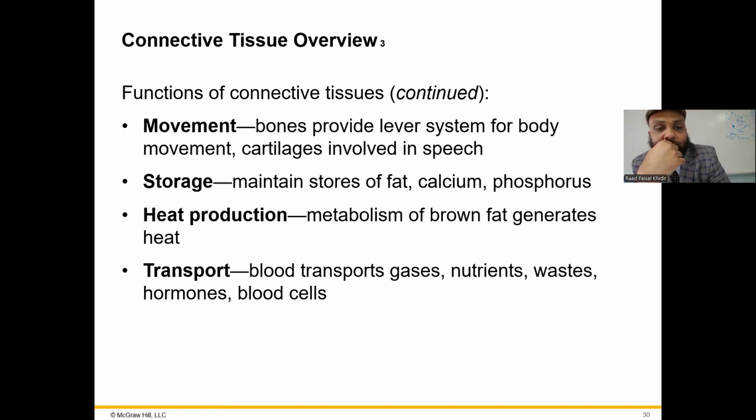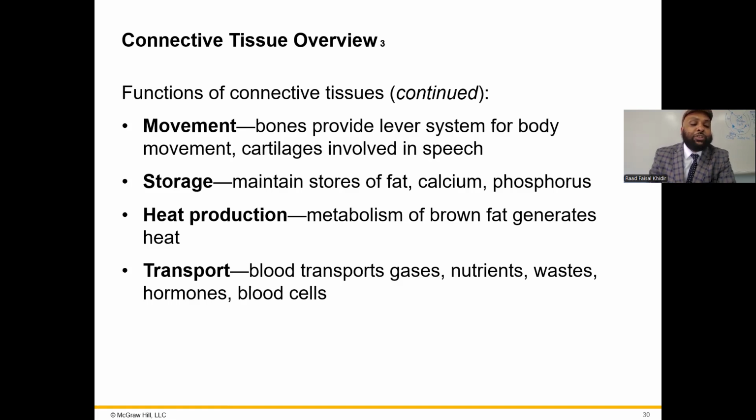What are the functions of the connective tissue? The functions of the connective tissue are movement, like bones provide a lever system for body movement, and cartilages are involved in speech. It's also important for storage. It maintains stores of fat, calcium, and phosphorus in our connective tissue.